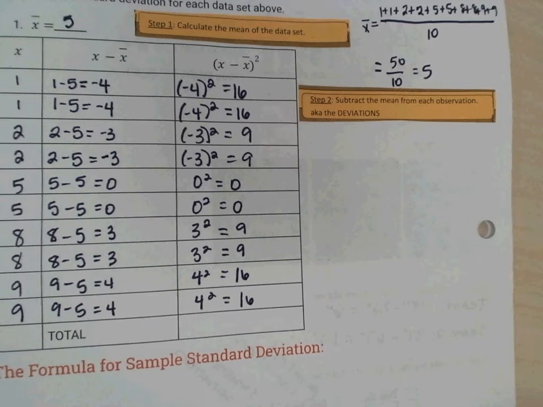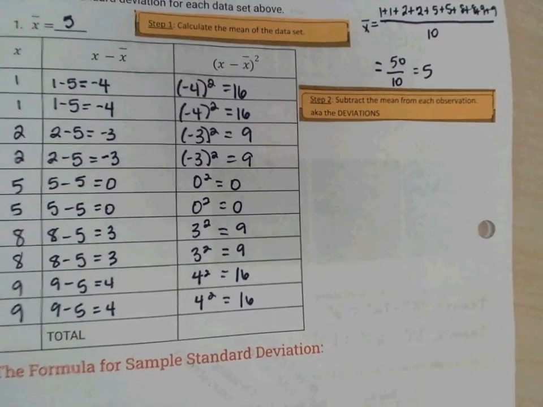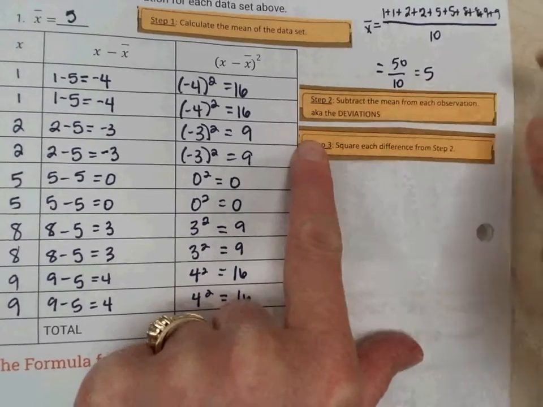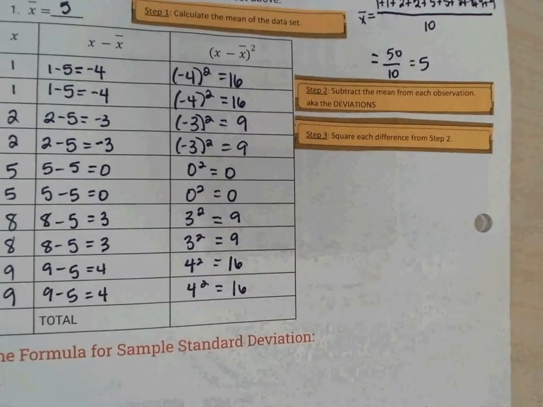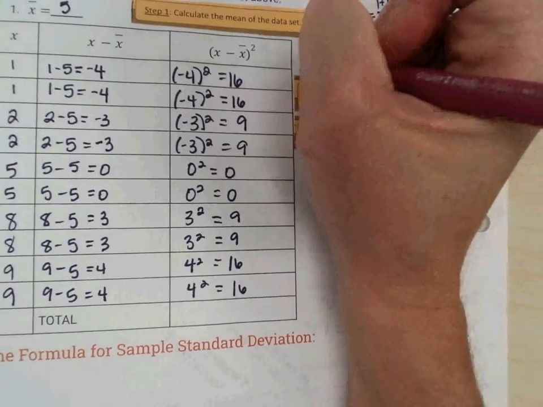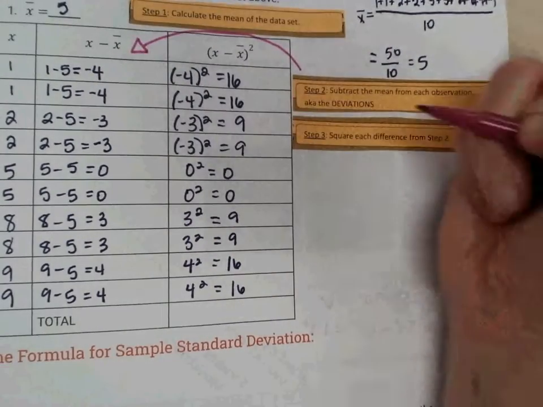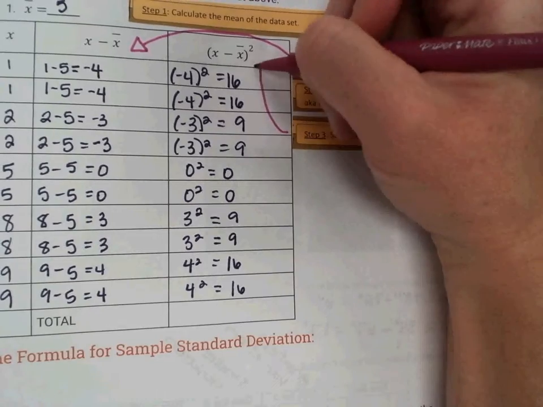So that was step 3. You can go ahead and glue that in right below step 2. I should draw an arrow. Step 2 is over here. Step 3 is right here.